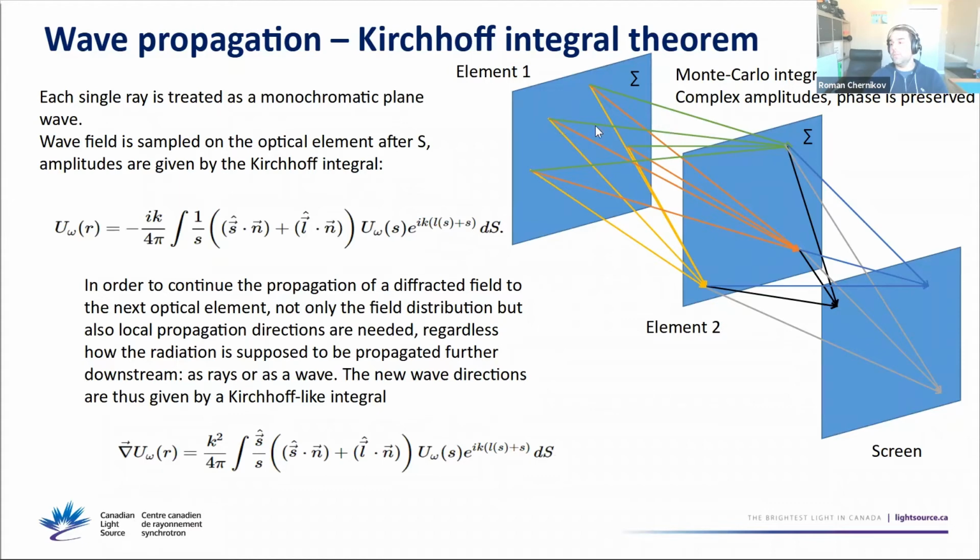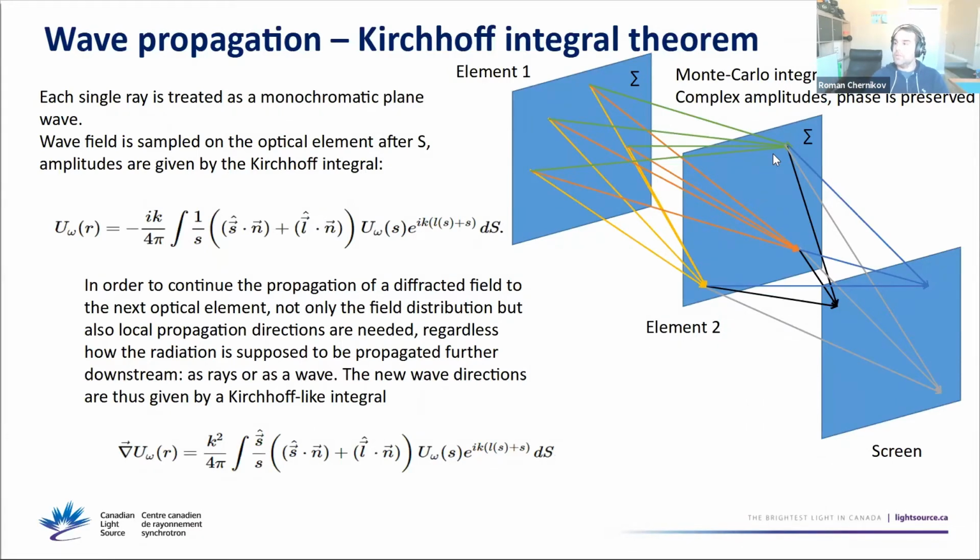So how the waves incoming from every point of the surface of the optical element sum up on the next optical element or in the next point in space. And this way, we are propagating this wave further and further.